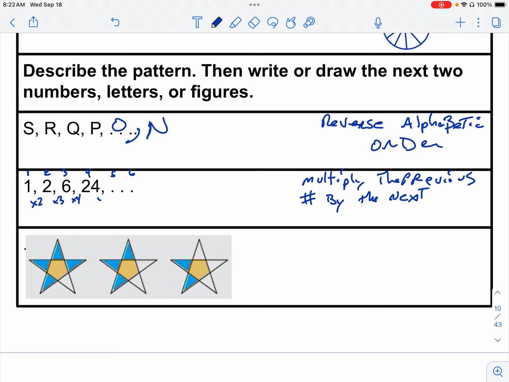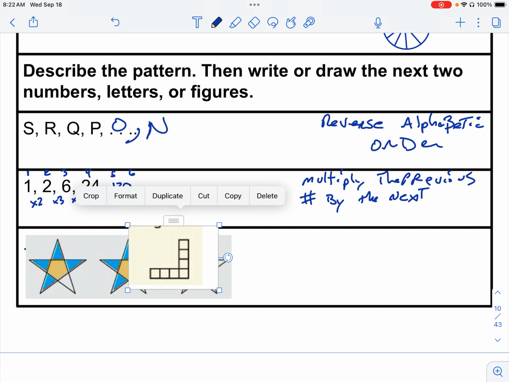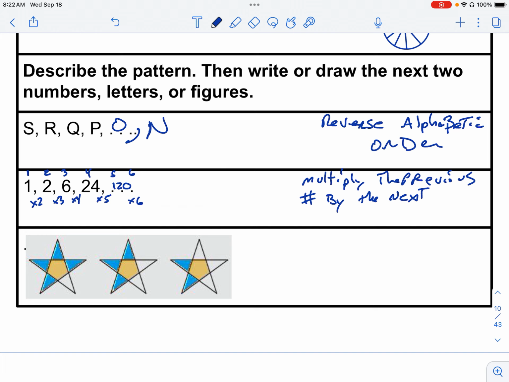So here we're going to multiply by 5. 24 times 5 is 120. And we're going to multiply that by 6 to get 720.